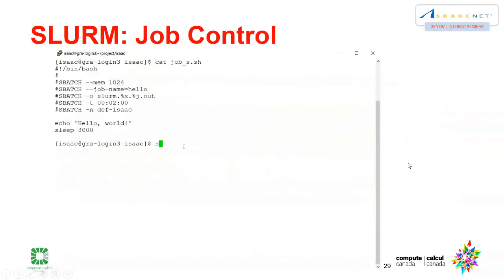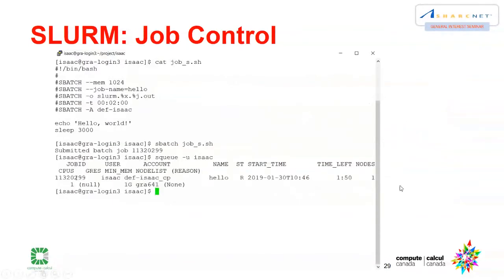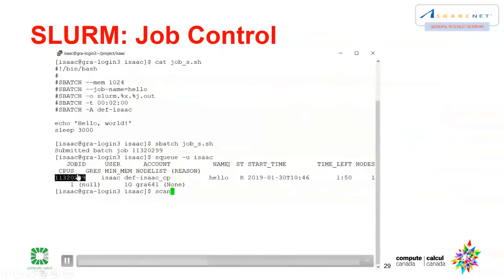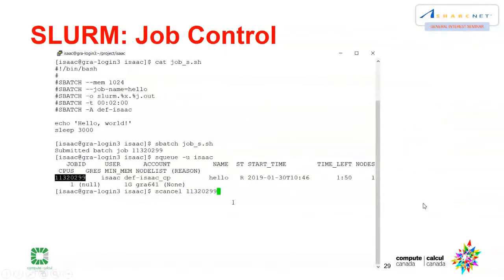So if I run the job, sbatch job script name, I'll get the job ID back from the scheduler. And then if I check my ID in squeue, you can definitely see my job running right now. Therefore, I'm going to cancel using scancel with the job ID. That's a very important thing. You should know your job ID to cancel it.